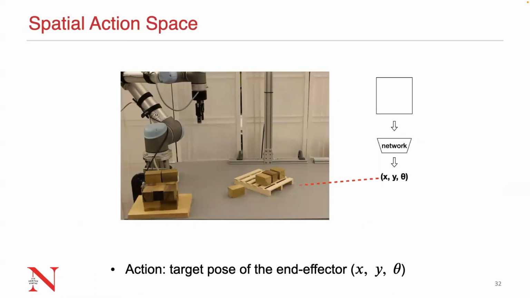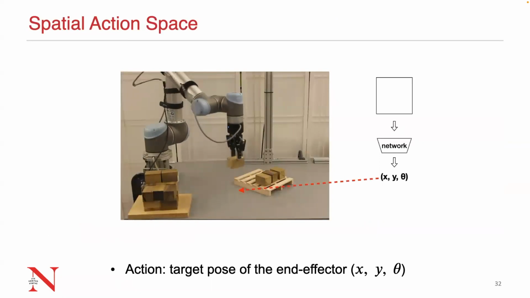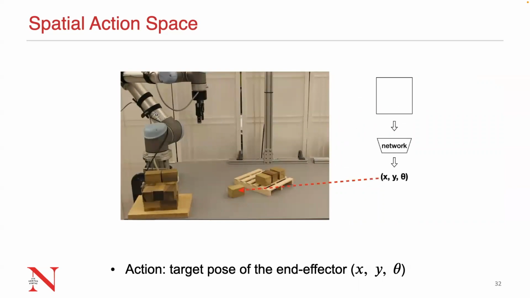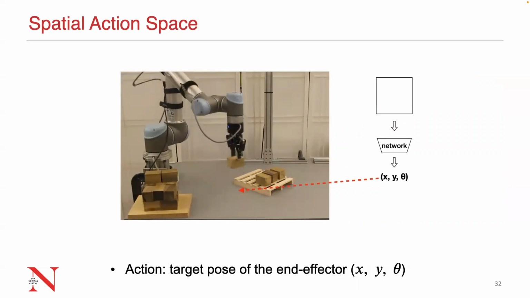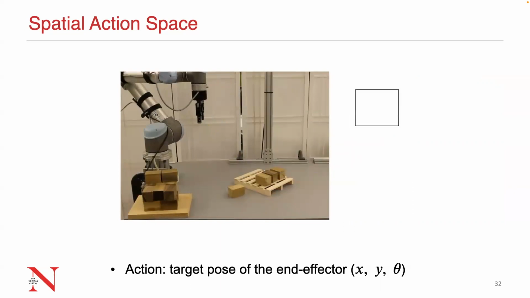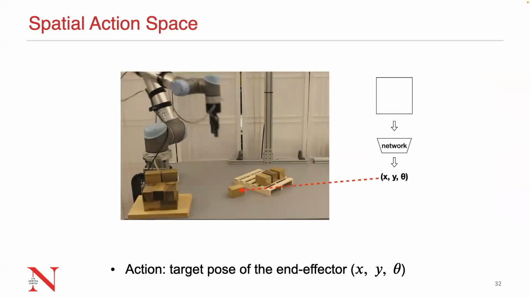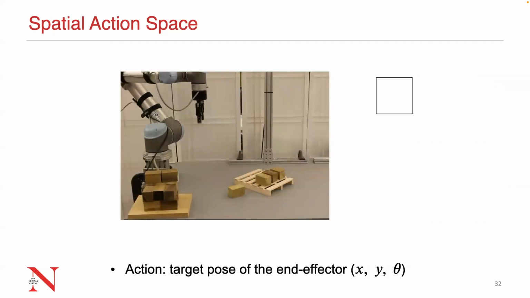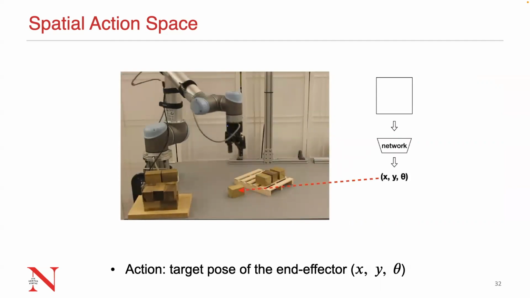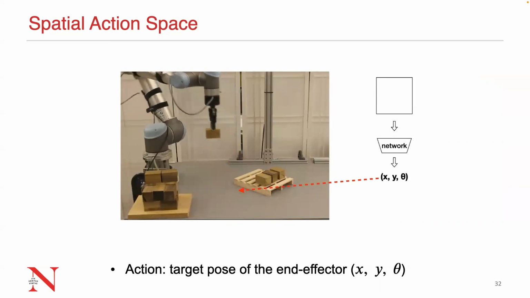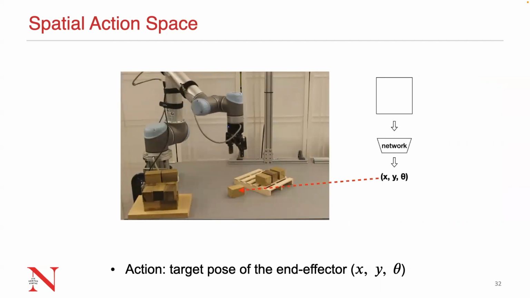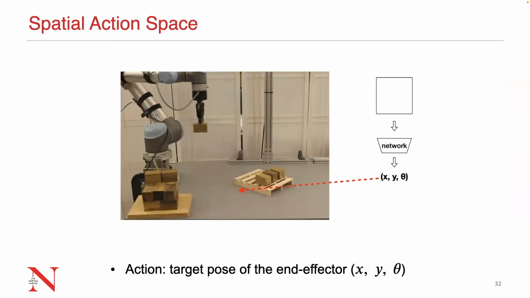We normally have a network that takes the scene image in some form as input, and then the network tells the robot where to place the gripper and what to do after it reaches that desired position. In this example, I'm trying to do a box palletizing task where I want to place the box on top of the rack, and the network tells the robot to go there and do a place. That's the spatial action space.